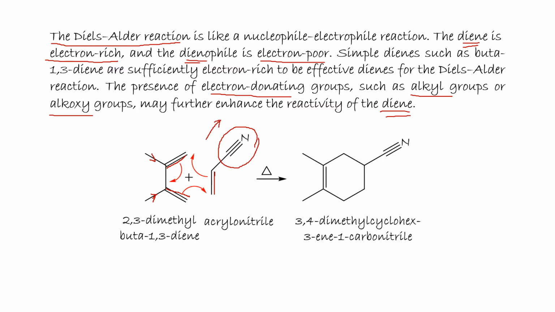So this is an electron deficient group of pi clouds. This is electron poor because of the electron withdrawing effect of the cyano group. With heat, we get the adduct 3,4-dimethylcyclohex-3-ene-1-carbonitrile.